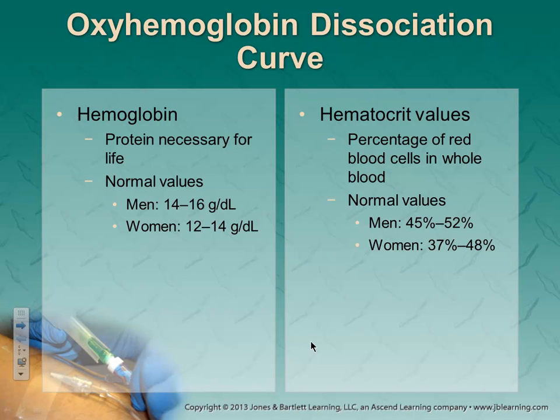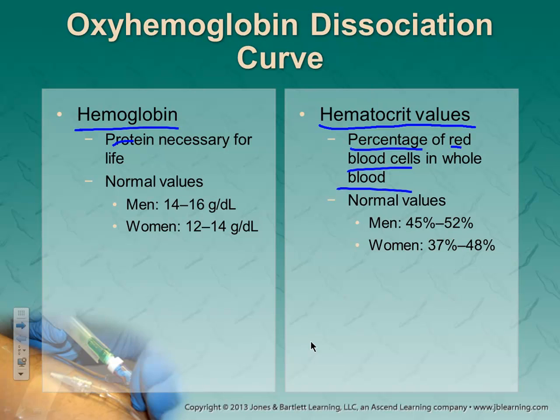Anybody ever heard of the H and H before? So with the hemoglobin, we're looking at the protein, which is hemoglobin. We're looking at the amount that's in red blood cells. And then with the hematocrit, we're looking at the percentage of red blood cells in whole blood.